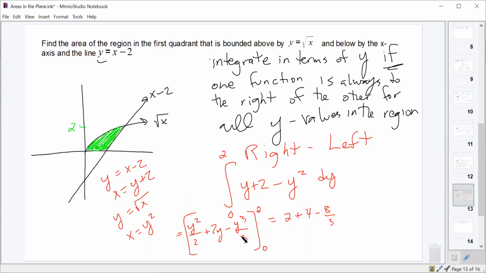And then all of these are 0 when you plug in 0. So 0 plus 0 minus 0. And that gives us 6 minus 8/3. 6 is 18/3. 18/3 minus 8/3 is still 10/3.